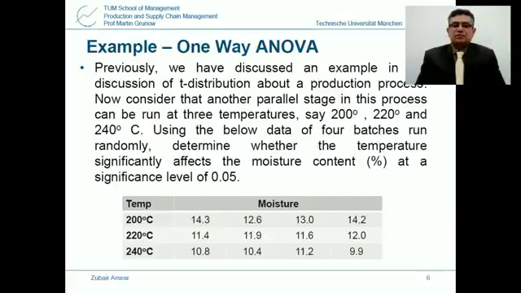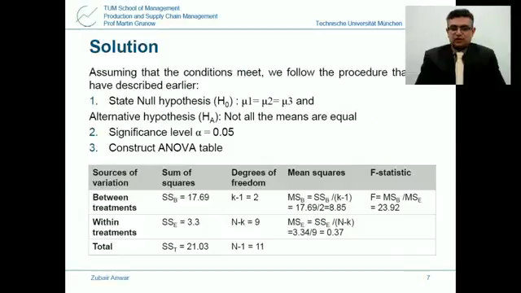Using the below table of 4 batches run randomly, determine whether the temperature significantly affects the moisture content in percentage at a significance level of 0.05. In the table you can see the temperature ranges and the 4 batches that have been run at each temperature. Now let's move towards the solution.